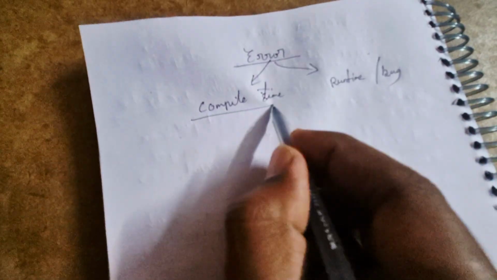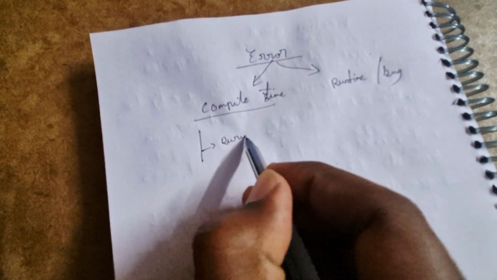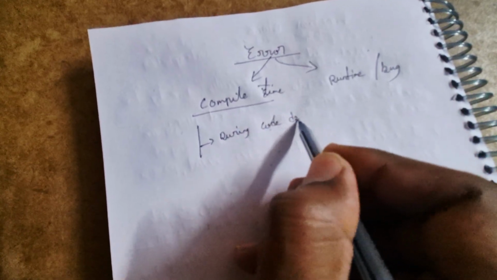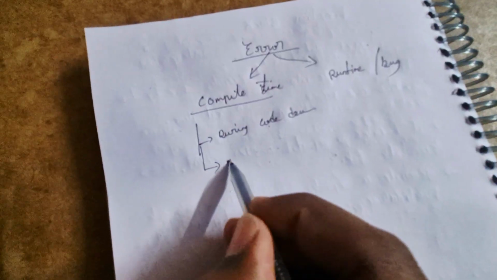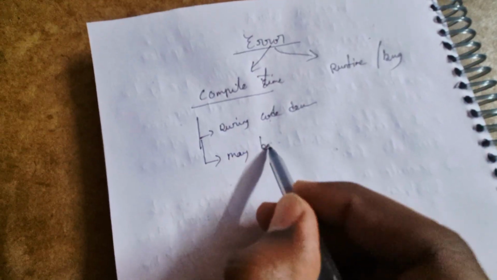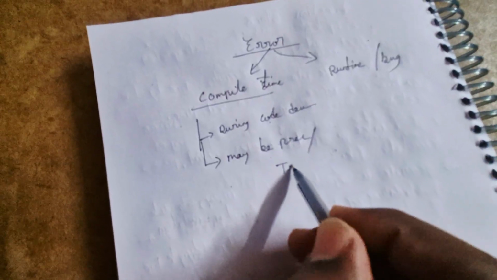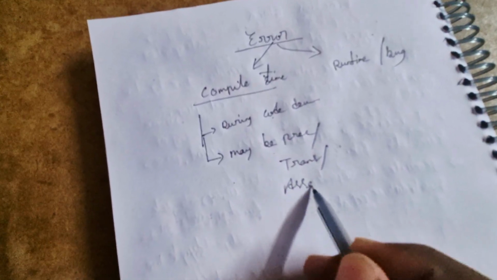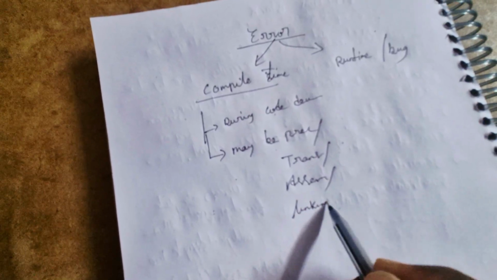A compile time error occurs during code development, and it may occur in the preprocessor stage, translation stage, assembler stage, or linking stage.